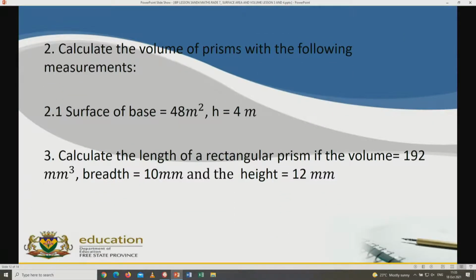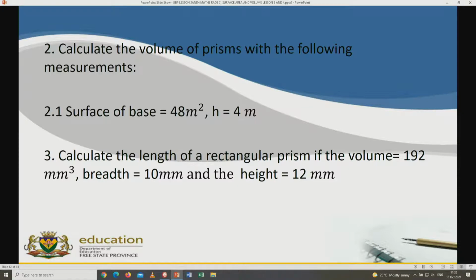Therefore now, this one, you need to be careful now. They are saying, okay, let us solve these ones. Calculate the volume of prisms with the following measurement. Now we need to be very, very careful in reading the statements or the questions.